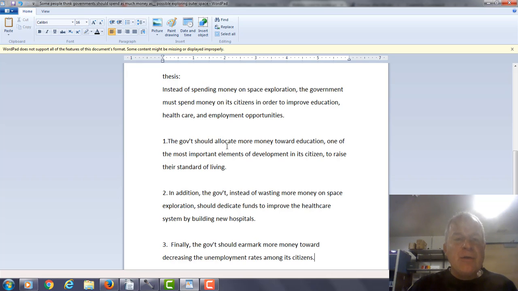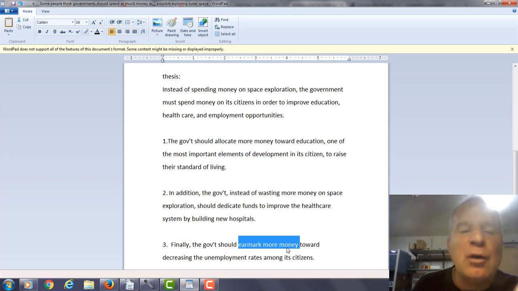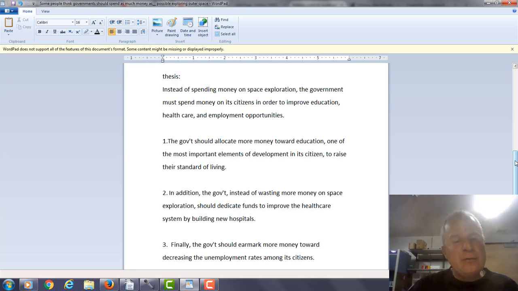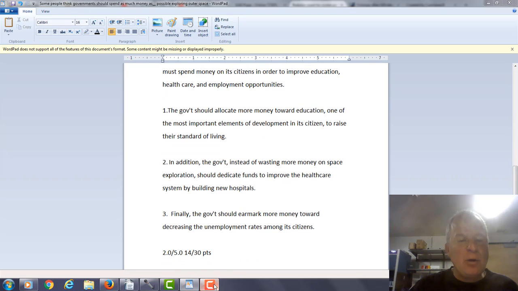Notice how here I'm using allocate more money, dedicate funds, and earmark more money. So I'm trying to use different vocabulary in these different topic sentences. So for you, your vocabulary is a little bit weak. So you can work on that.